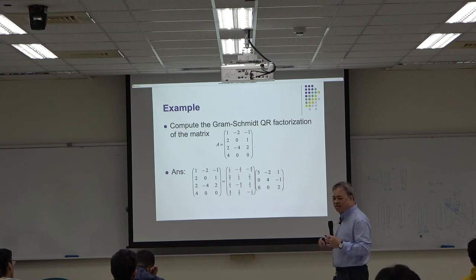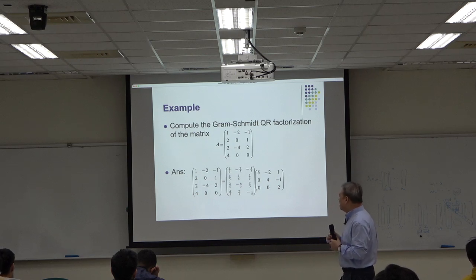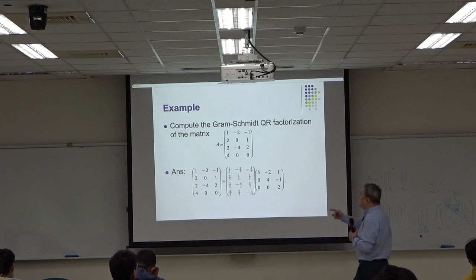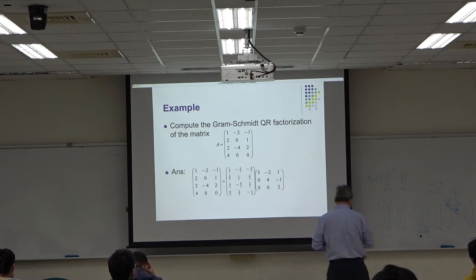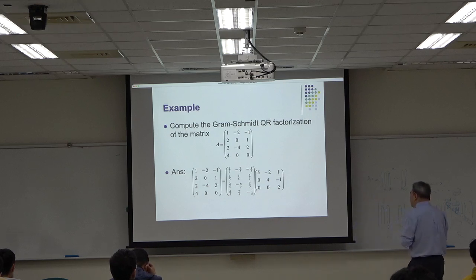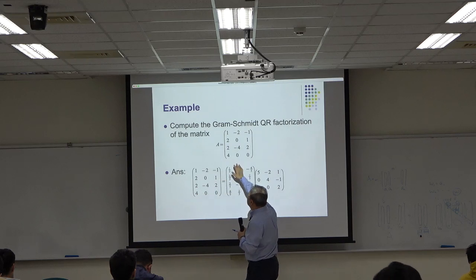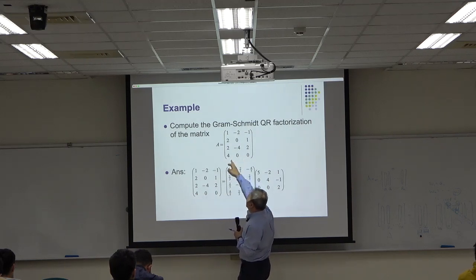But let's just skip this part. Remember, this is your A, and then you can compute the orthonormal basis out of these 3 column vectors.